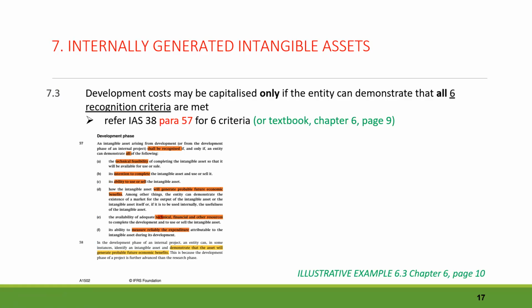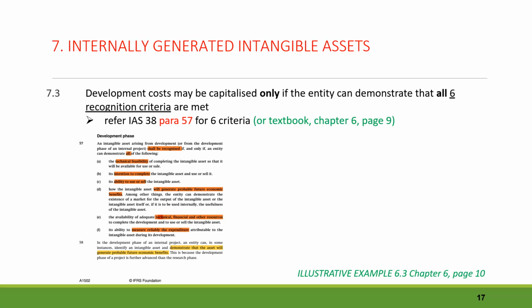So in your scenario, it's not going to tell you that the development phase is met because the technical feasibility was met, okay? Or the intention to complete it was met, or the ability to use the intangible asset was there, or that we have the resources for it, okay?